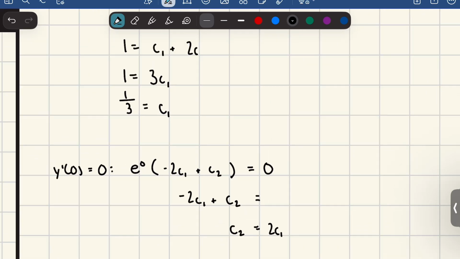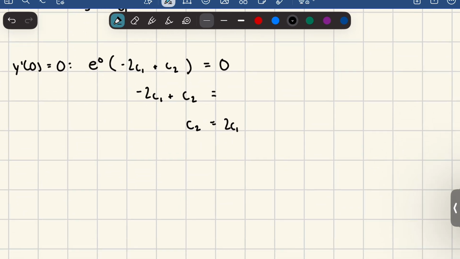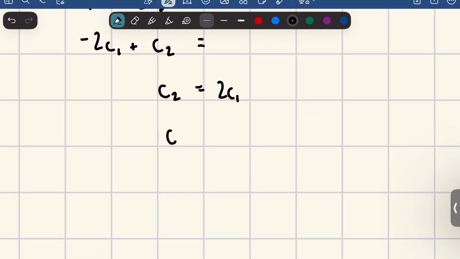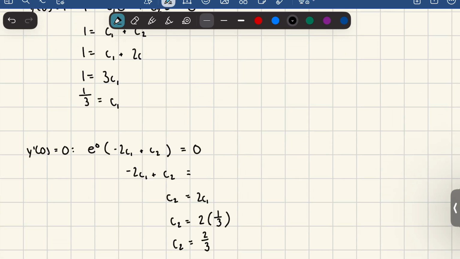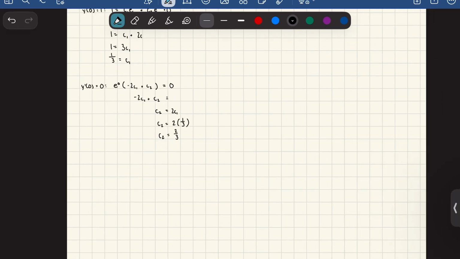I hate fractions so much. Then we could do that. c2 equals 2 times 1/3. I mean, that's just 2/3, no? Ew, it looks gross. There we go, better. I have my c1 and c2.